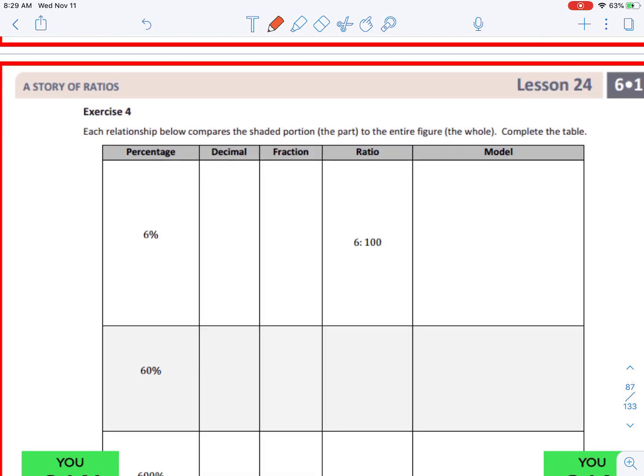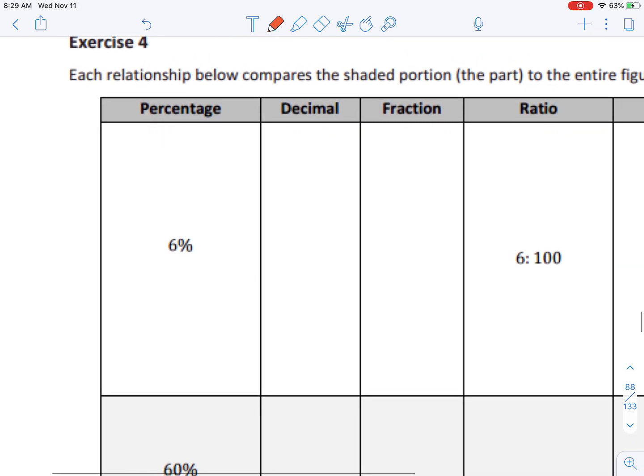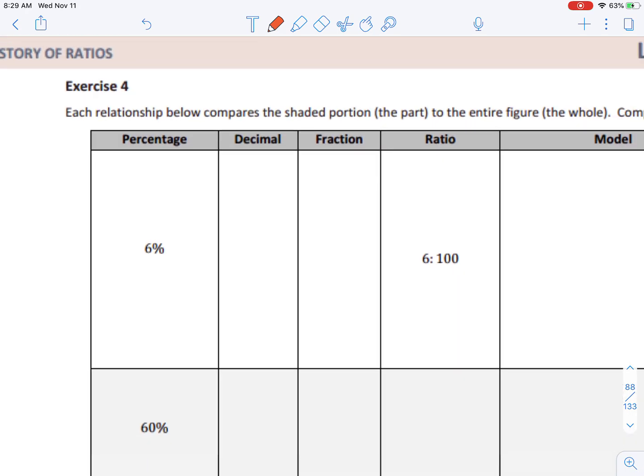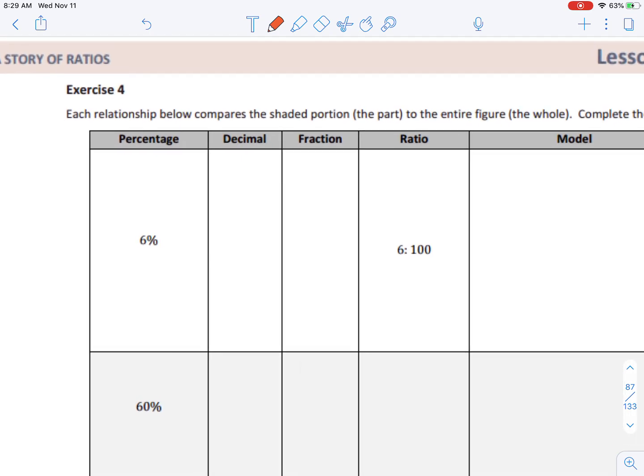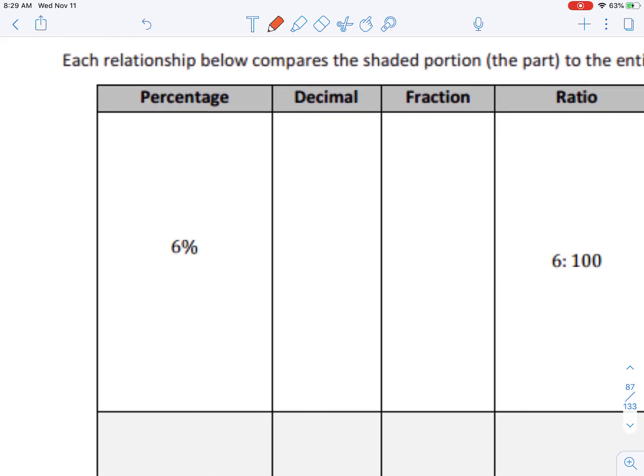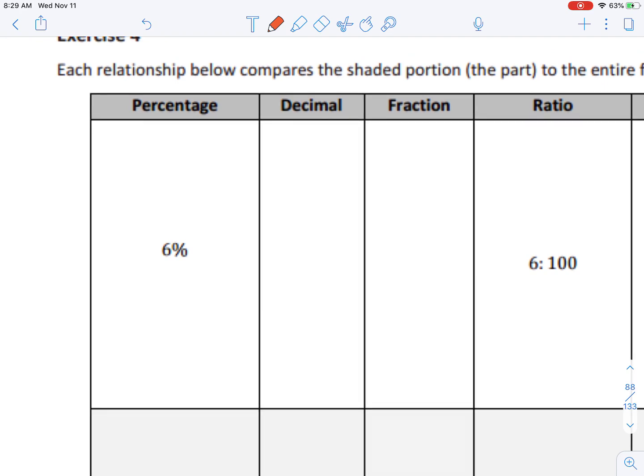So we're going to fill these tables out. It says each relationship below compares the shaded portion, the part, to the entire figure, the whole. Complete the table. So they give us the percentage 6% and the ratio 6 to 100. Now we need to figure out the decimal and the fraction.